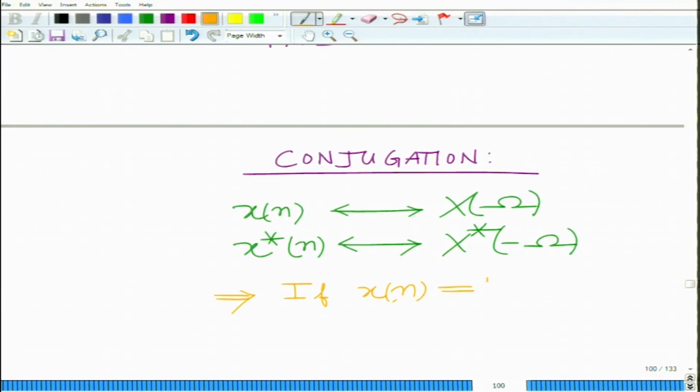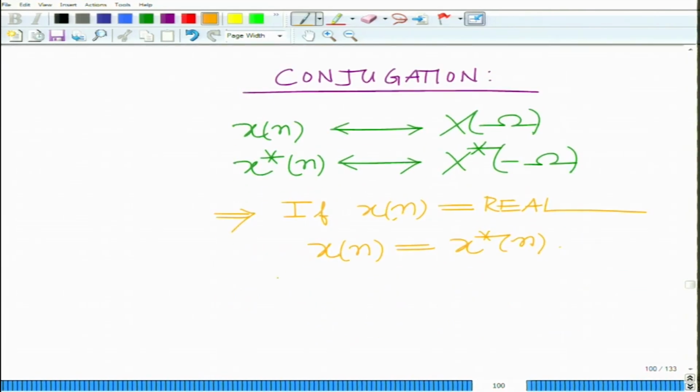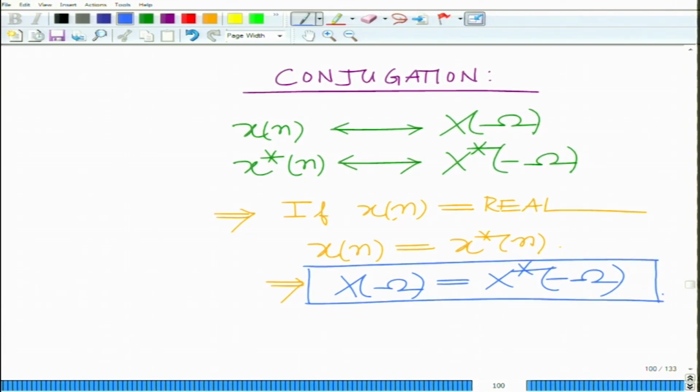if x[n] is real, then we have x of n equals x conjugate of n, and that implies the corresponding DTFTs are equal, that is X of omega equals X conjugate of minus omega, and this is something that we have already seen before.